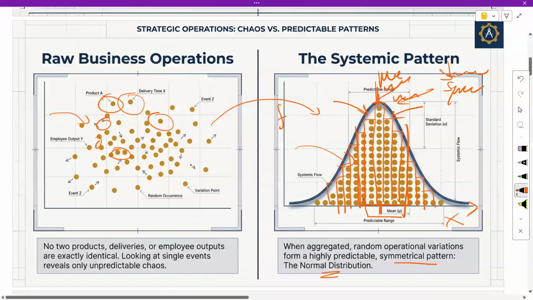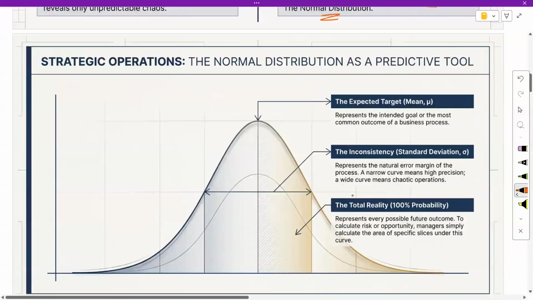Most of the observations fall right beside the mean and converge to the mean. We can recall some properties of the normal distribution curve, and strategic operation: the normal distribution as a predictive tool.